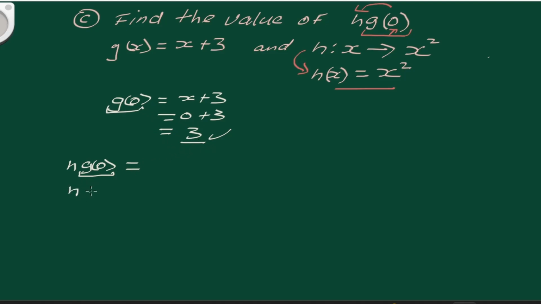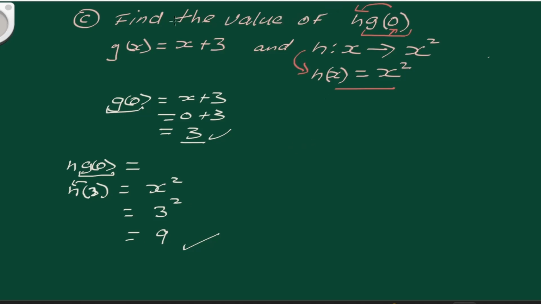So our function will be H3 equals, and looking at this function, it is x squared. Now we know that the input to this function HG of 0 is 3. That means wherever you see x in the function h, we're going to replace it with 3. So 3 squared equals 9. And that's our answer here.